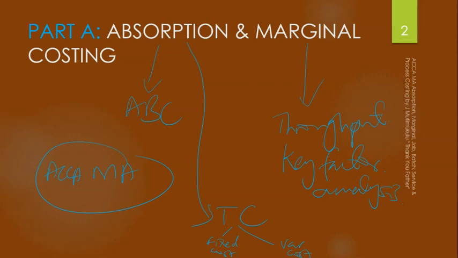Then when we discussed marginal costing, we said that this costing technique considers only variable cost. Only variable cost matters. The argument of marginal costing proponents is that they consider fixed costs not relevant for managerial decision making. Why do they say so? Because fixed costs, whether we produce or we do not produce anything, are going to be met.